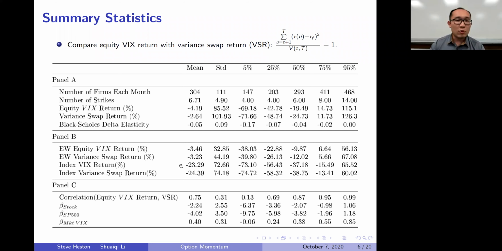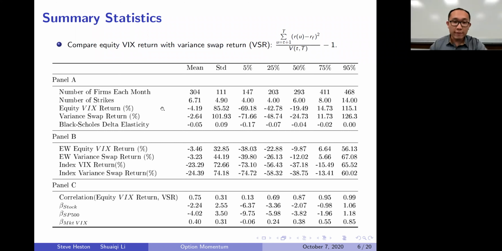If we look at the individual firm, the difference between the VIX return and the variance swap return is larger because here we have fewer option contracts traded at the individual firm level. But by forming equally weighted equity VIX portfolios across firms each month, the approximation error could be diversified away to some extent.